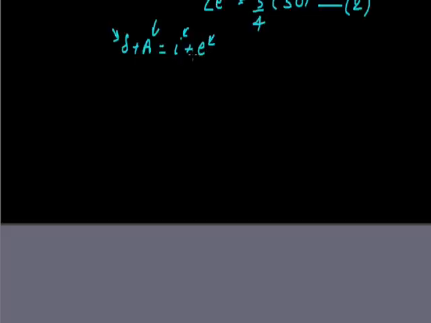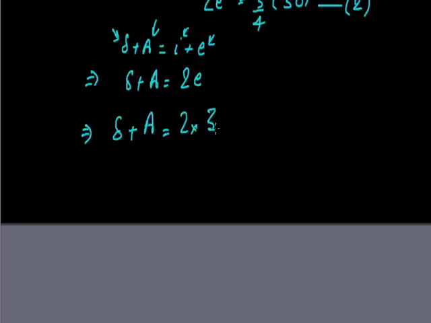From equation 1, or the given information that I and E are equal, we can write it as delta plus A is equal to twice the angle of emergence. But as we know from equation 2 that the angle of emergence is equivalent to 3/4 of the angle of prism, that is 30 degrees.